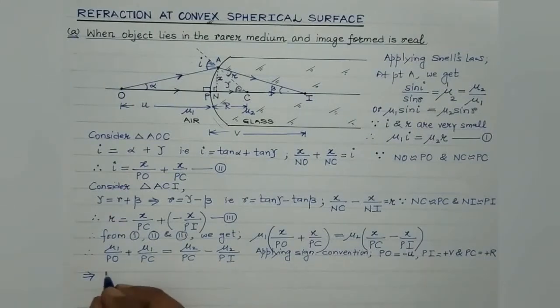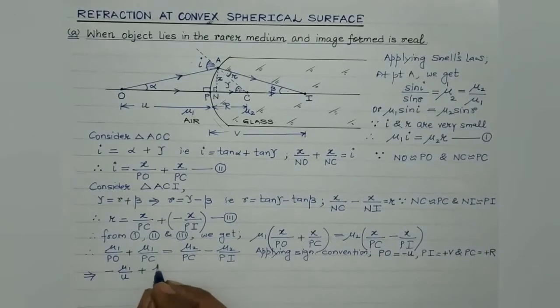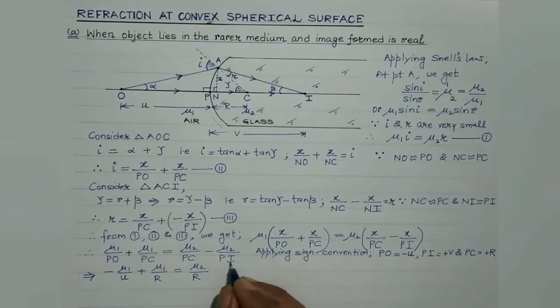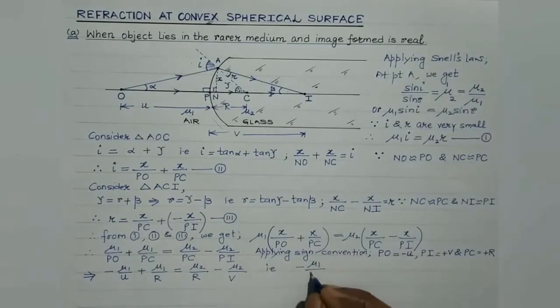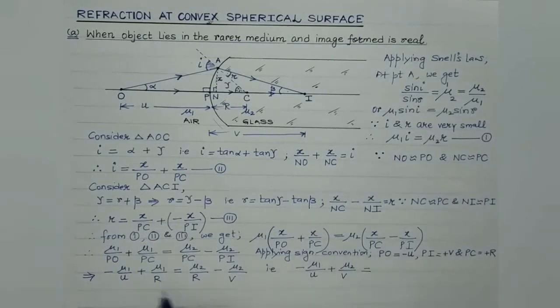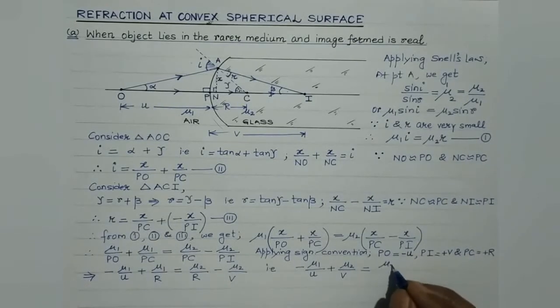What we get is minus mu1 over U plus mu1 over PC, which is R, is equal to mu2 over Pi, which is plus V, so minus mu2 over V. That is, try to rearrange it. So we get minus mu1 over U plus mu2 over V is equal to, R is common on both the sides, mu2 minus mu1 divided by R.